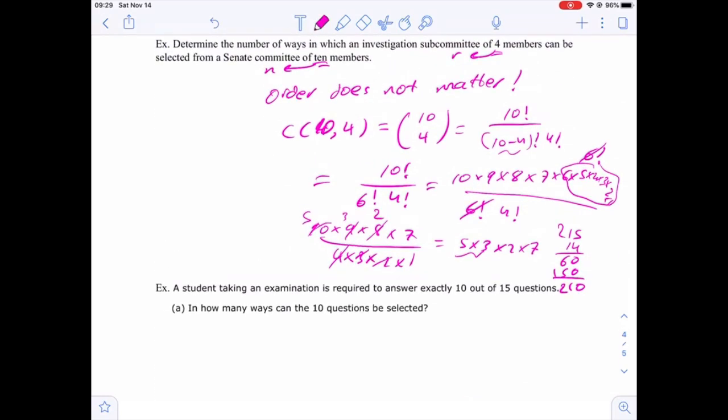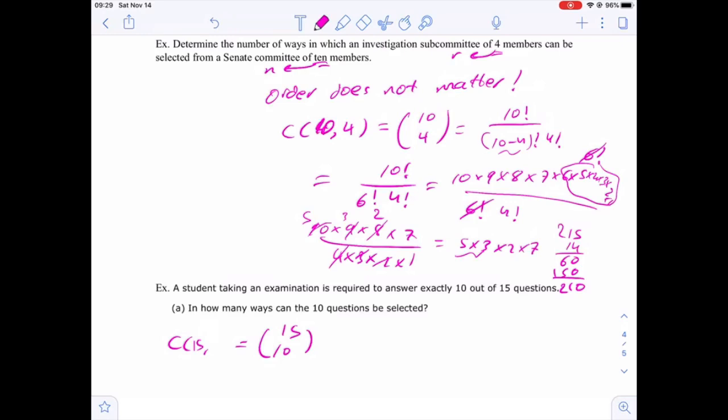Now another example. It's very important to determine if order does matter or does not matter. A student taking an examination is required to answer exactly 10 out of 15 questions. In how many ways can 10 questions be selected? So 10 selected out of 15, order does not matter, so it's a combination.